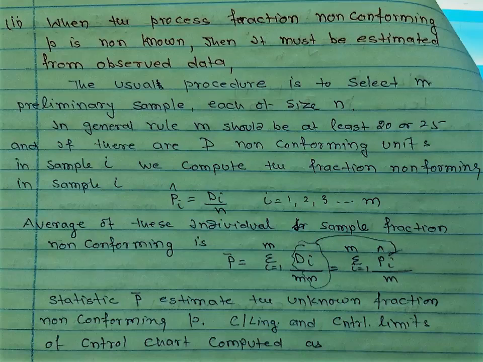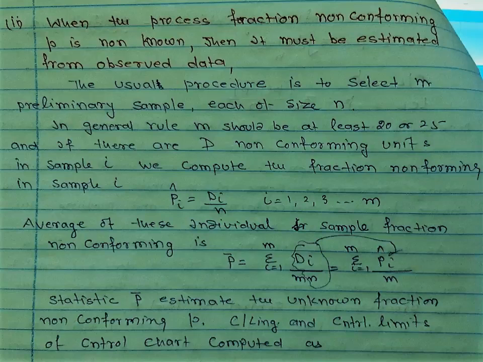Second condition: when the process fraction non-conforming P is not known, then it must be estimated from the observed data. That we will also understand when we are discussing a numerical problem. So the usual practice is to select m preliminary samples, each of size n.